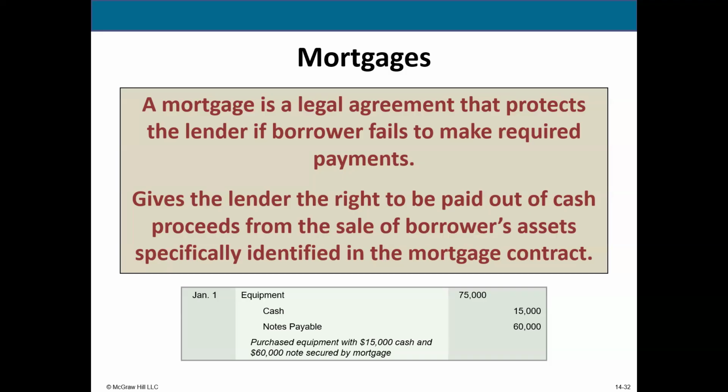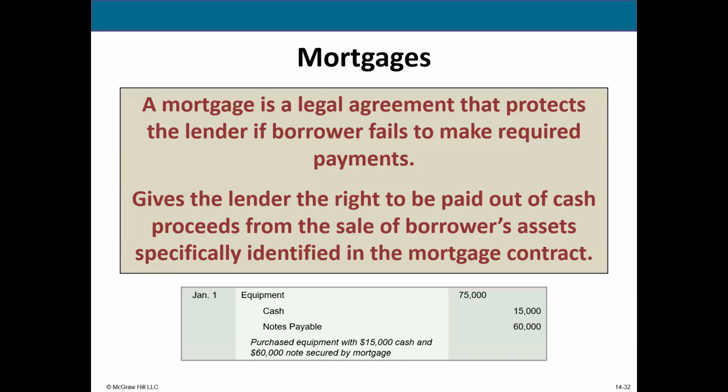So here we have an example where a company has purchased equipment by paying $15,000 in cash down payment, if you will, and by signing a $60,000 loan, which is secured by a mortgage on the equipment itself. So if the company decides to stop repaying this loan, then the bank can take the equipment. That's what a mortgage does. It's a mortgage-backed security. It's a way of securing a loan.